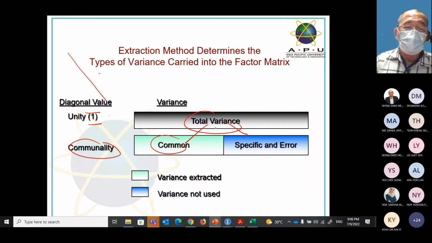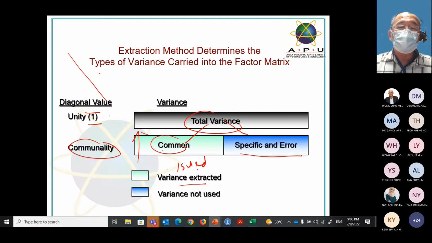If the common part is high, it's very good, so therefore the few variables are supposed to group together. Therefore the variance extracted is used. You can see it's used, but this one is not used. So common variance small means we are not going to use the variable.